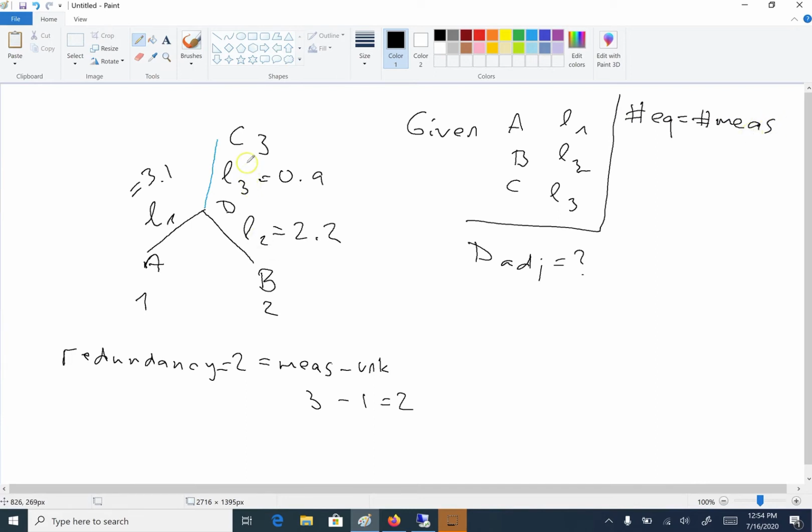A, B, and C are already given as benchmarks, so we already know their value. And our only measurements are these guys. And these are benchmarks. So we have 3 measurements. So we have 3 equations. So we're going to have 3 equations.